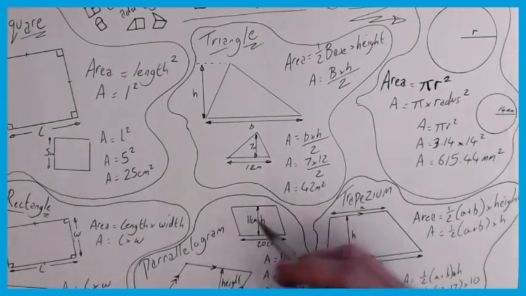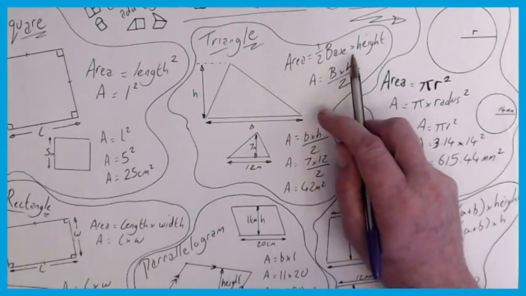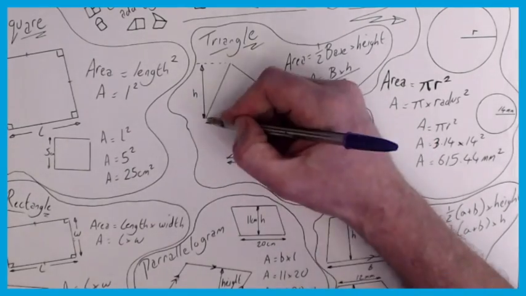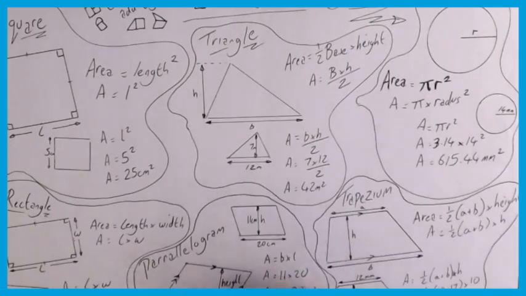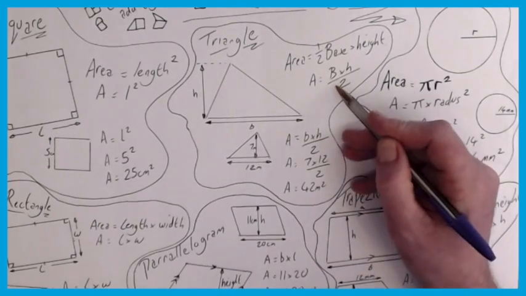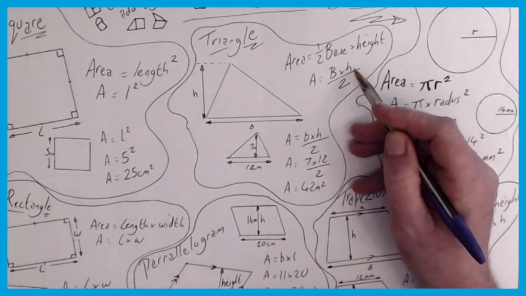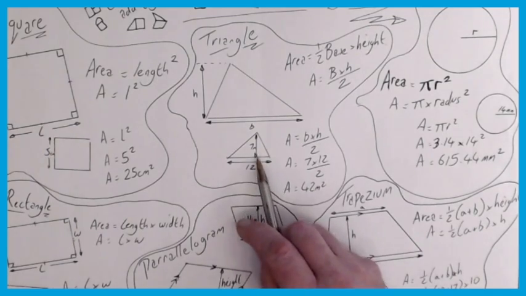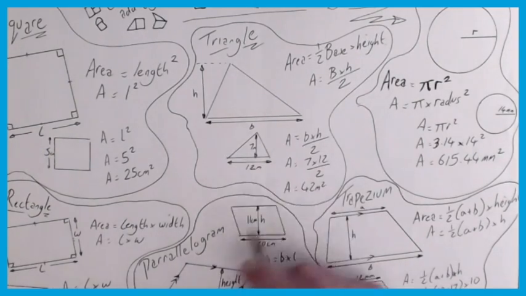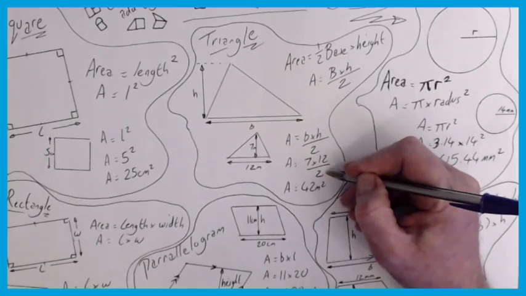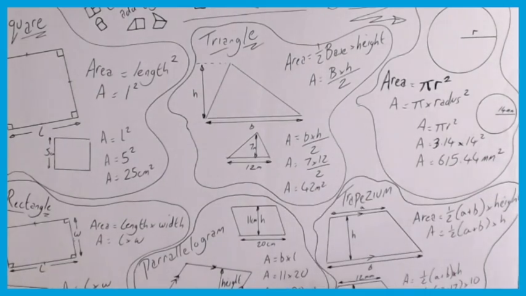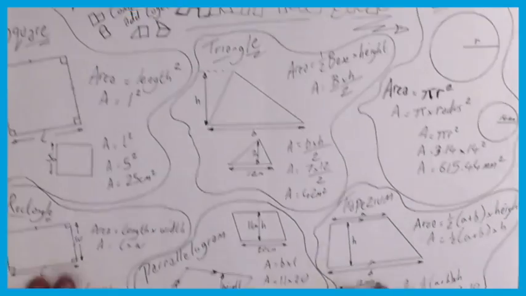Remember, for a triangle, the area is half base times height, because a triangle is half the size of the rectangle it sits in. So half base times height. We've got a 12 by 7, so we just do 12 times 7 and divide by 2, which gives you 42 metres squared.